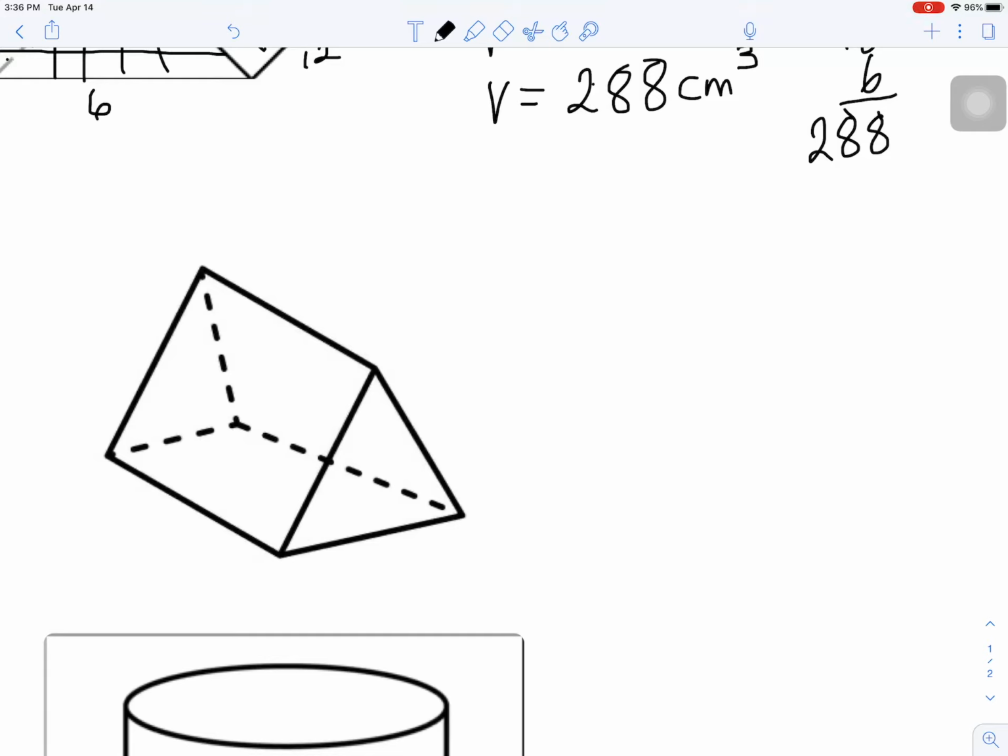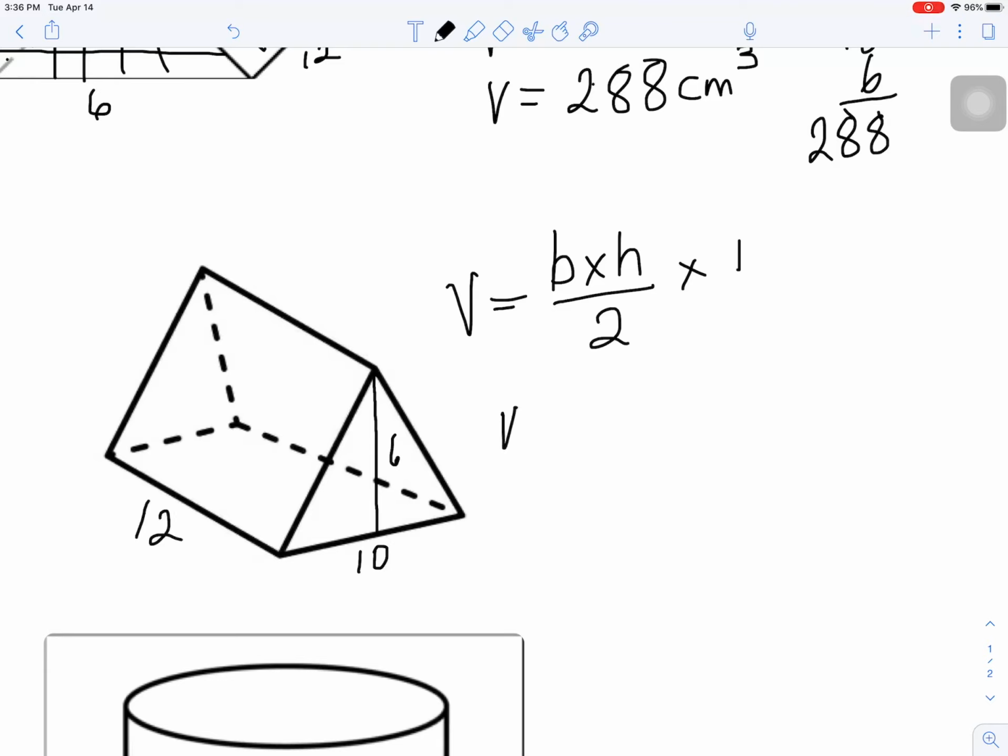The next one is slightly more difficult, but again, not too difficult because you know how to find it. We know that this is a triangular prism, so we're going to have to go base times height over 2, remember, times your length. The figures they give you here are that your length going down is 6, and your width across is 10. We know how to figure that out. And then they say the length here is 12. So let's plunk our numbers in.